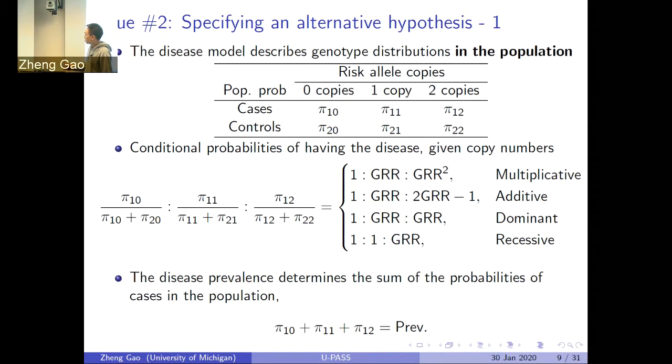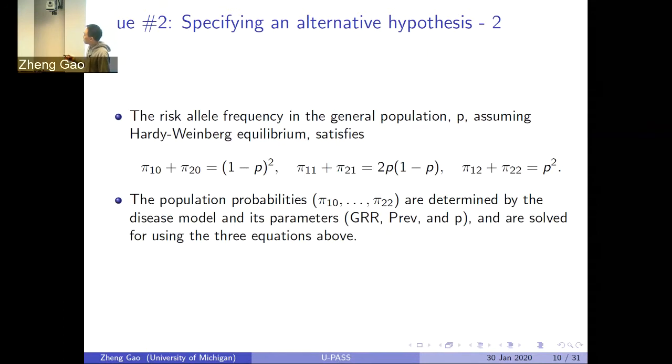So the second number they require is the prevalence in the population, like I talked about. And the third number is the risk allele frequency in the population. So P, basically, if you mix everything together, how many of them are the risk associated alleles. Now, in order to proceed with the calculation, you also have to assume Hardy-Weinberg equilibrium, which dictates that these probability tables behave in a certain way.